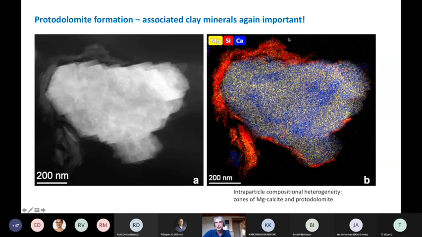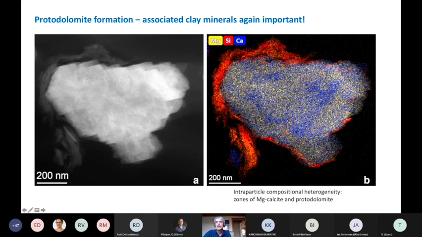Firstly, you should notice that, again, we have this red clay mineral all around it, and even it shines through, so it's sometimes in the middle as well. And also that the blue and the yellow, the calcium and the magnesium, are zoned. There is a high magnesium core, then a low magnesium zone, then again a high magnesium zone.